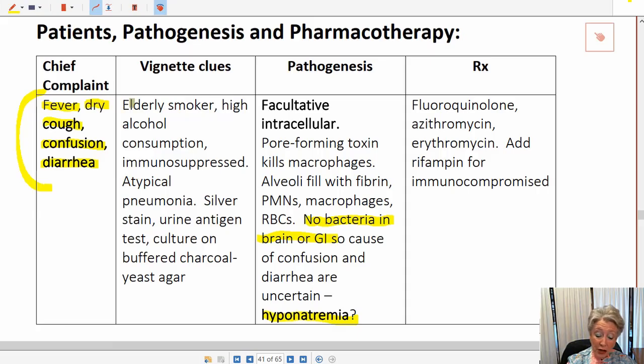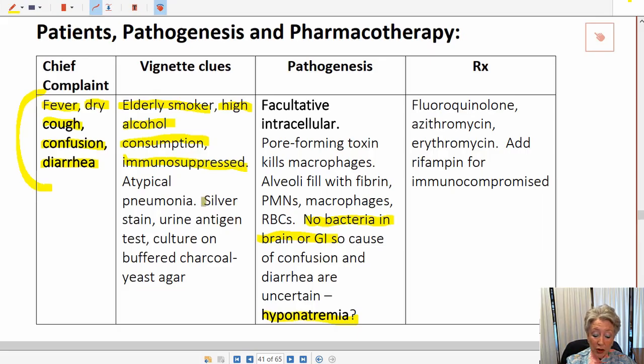The typical patient is an elderly smoker, has high alcohol consumption, or is immunosuppressed. That sort of describes the attendees at the Legionnaire's Convention in Philadelphia when this was the first outbreak.